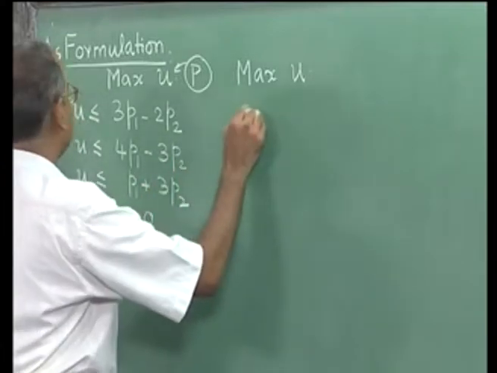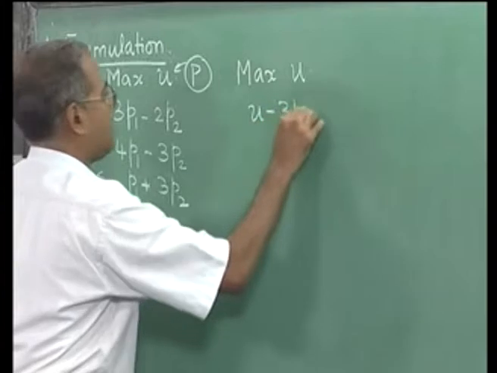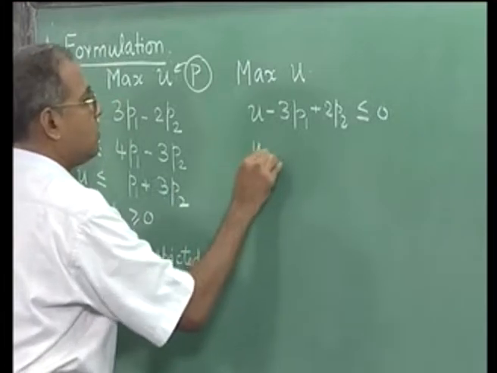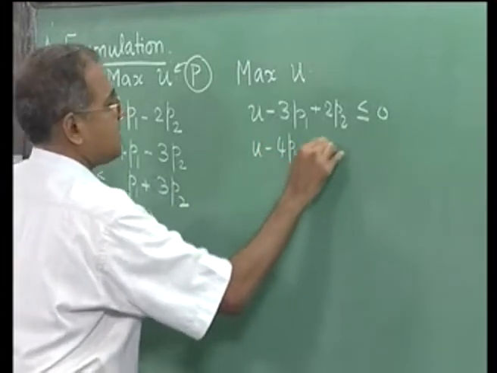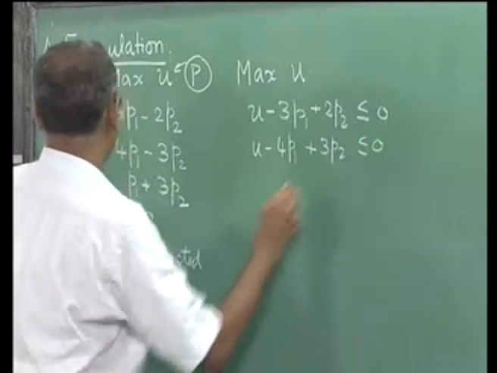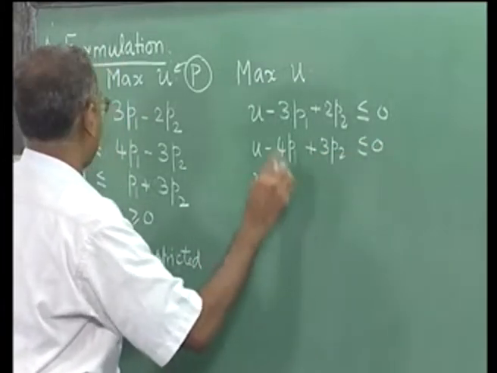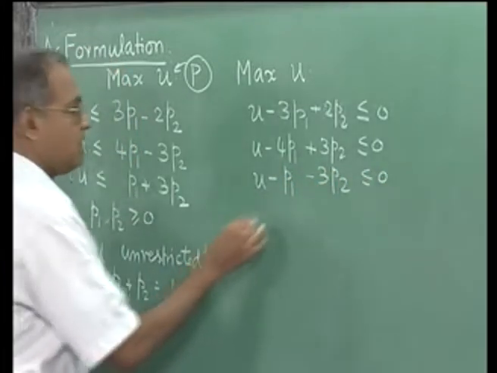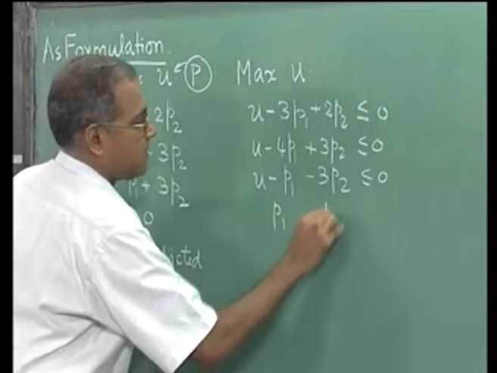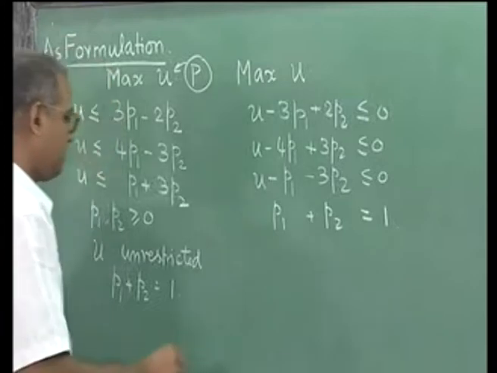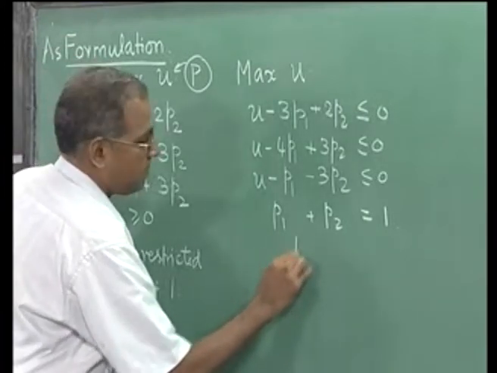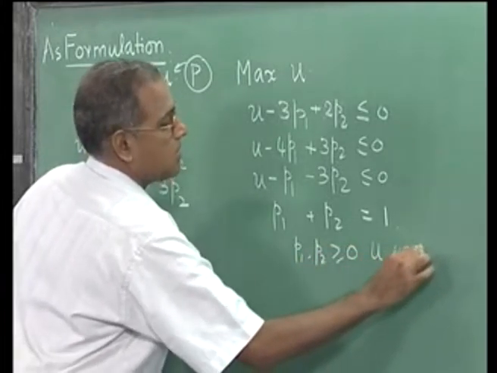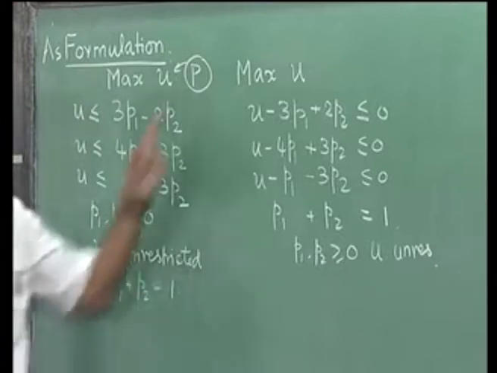So, we would have u minus 3p1 plus 2p2 is less than or equal to 0, u minus 4p1 plus 3p2 is less than or equal to 0, u minus p1 minus 3p2 is less than or equal to 0, p1 plus p2 is equal to 1 and p1, p2 greater than or equal to 0 and u is unrestricted. So, now let us write the dual to this problem.